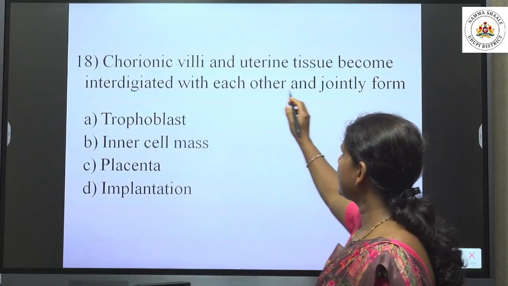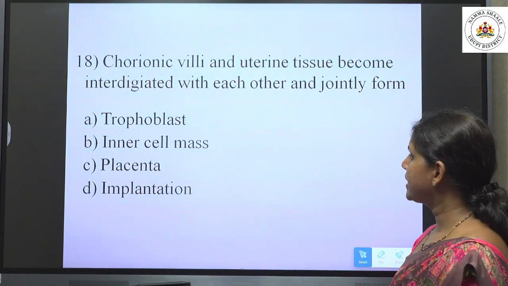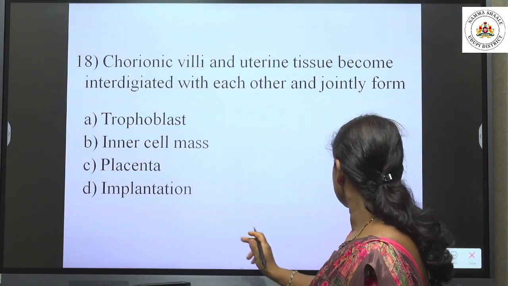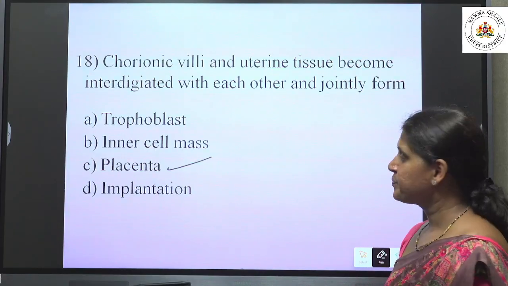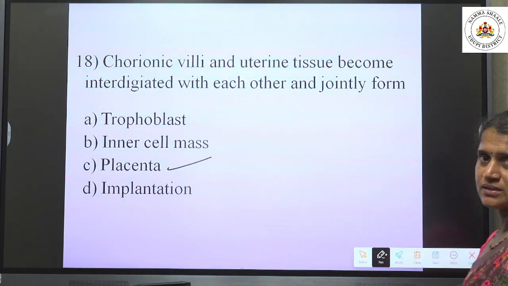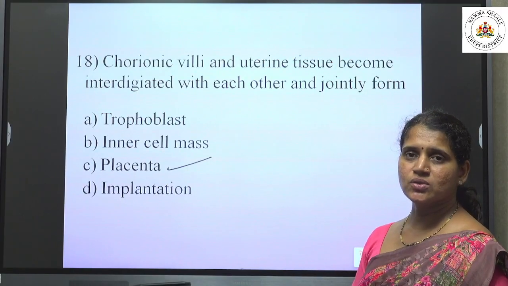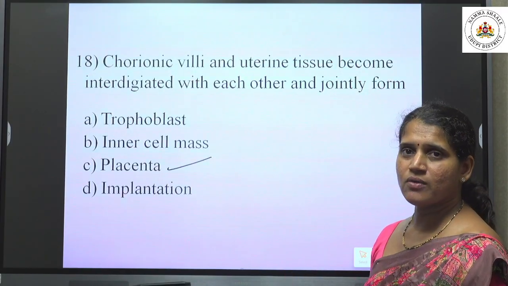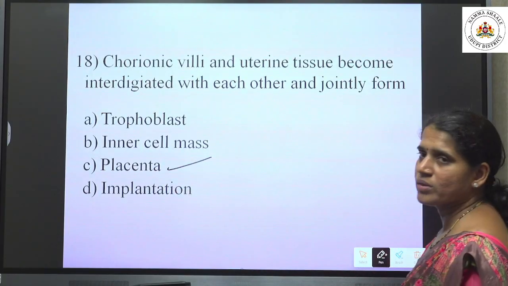So the chorionic villi and the uterine tissue mainly join together to form a structural and functional unit called the placenta, mainly for the exchange of gases as well as nutrients and the removal of waste material. So this placenta plays a very important role.